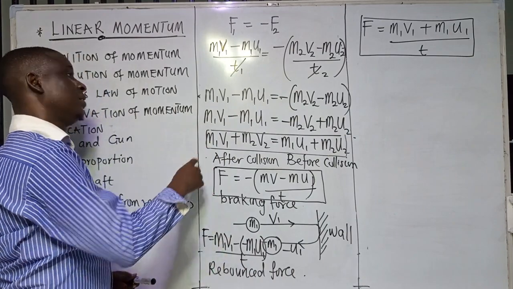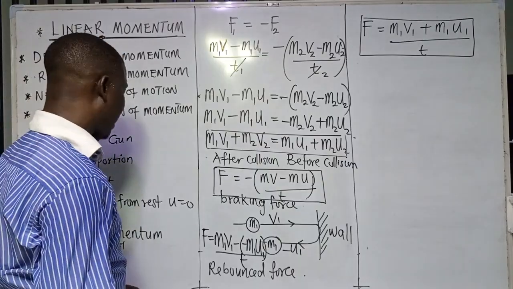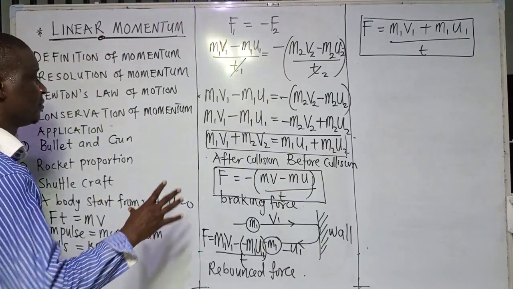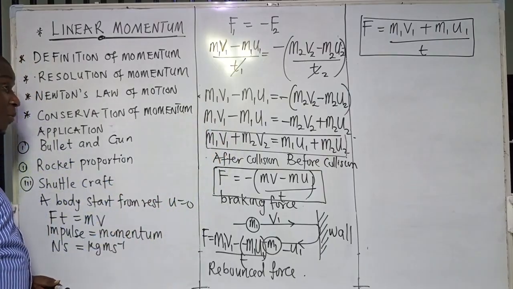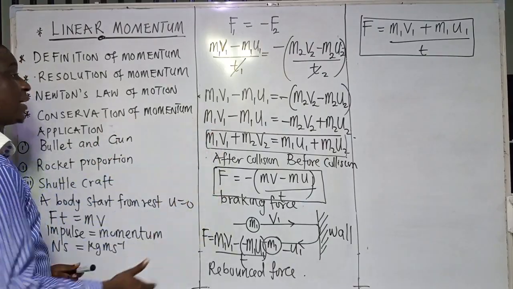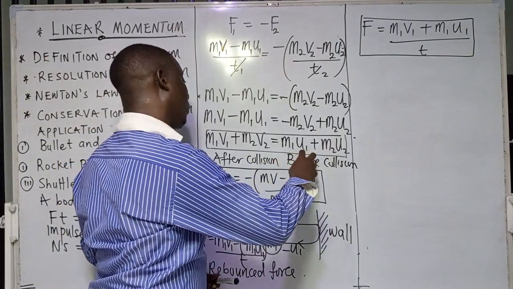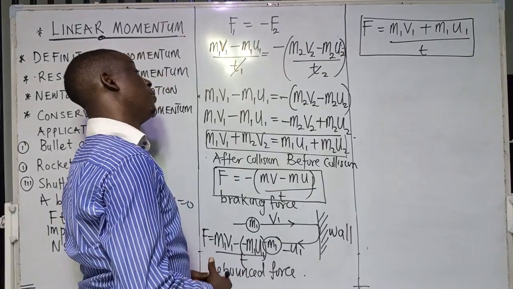Now let's go back to this force. I was telling you something about the conservation of momentum before we switched to explain this one briefly. We are coming back to it now. I said the total momentum before collision by two objects is equal to the total momentum after collision.